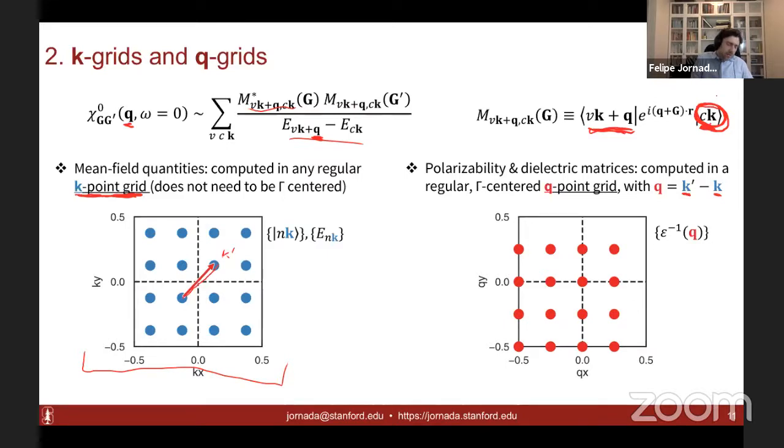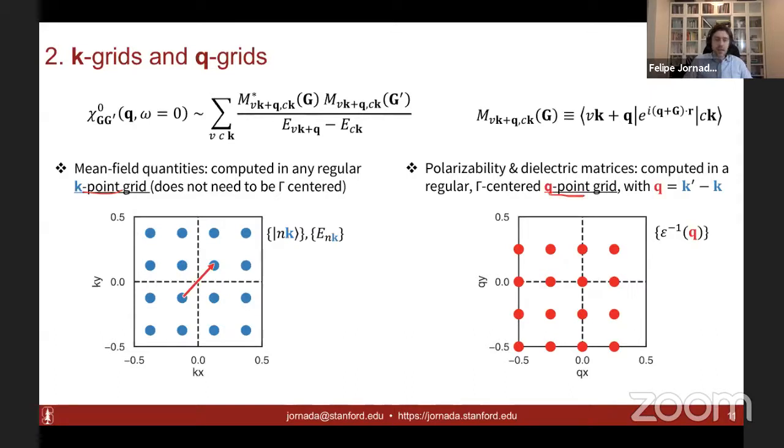And also you can see that naturally, if I set K prime to K, I'd always have the point Q equals 0, which means that the grid of Q points is always a gamma centered grid. And in general, it looks like this figure over here.